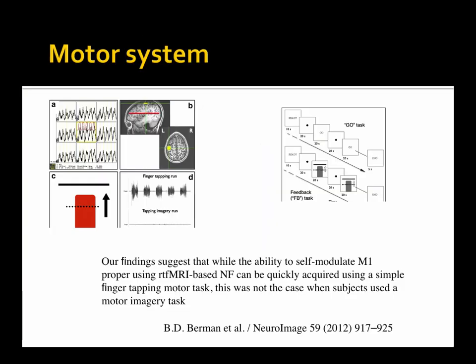And as I mentioned, the motor cortex is just pretty easy to manipulate, and we can control it. For example, if we're asking someone to do finger tapping, we can put an EMG on the finger, and we can see when the activity is going and when it stops, and we can see a very good correlation with brain activity. This is a pretty easy strategy.